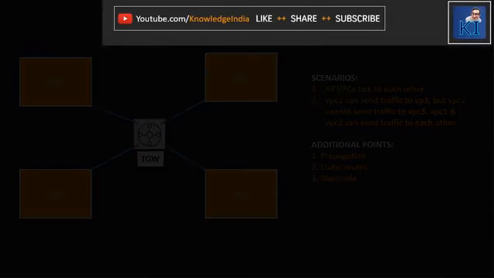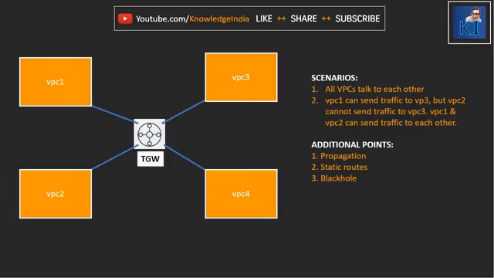All right. So now let us get started with the demo. What we'll try to do here is we will have multiple VPCs, and then we'll use Transit Gateway to establish peering between these VPCs, right? We will also try to address a few scenarios. As you can see on the right hand side, the first one is a very simple scenario that all VPCs should be able to talk to each other, right? So we will do that.